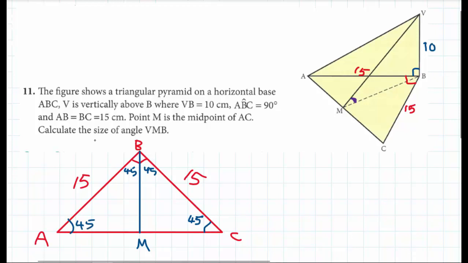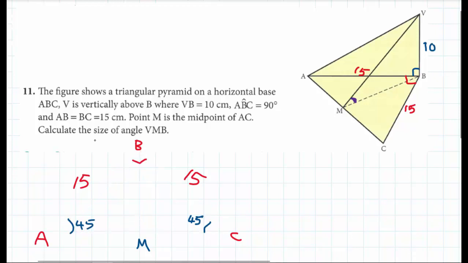If we ignore this line, what we have is angle B, which is 90 degrees. So the other two angles must be 45, 45, because it's an isosceles triangle, they must be equal, and all three angles together must add up to 180. So that's why we can say angle C is 45 degrees.